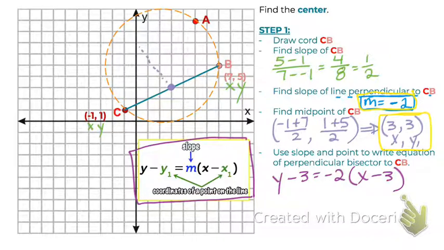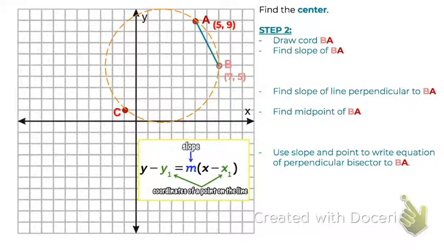Now we're going to do the same for the chord AB, or BA, either way. So the first step is to find the slope of the line AB or BA. So I'm going to label my XY, XY.